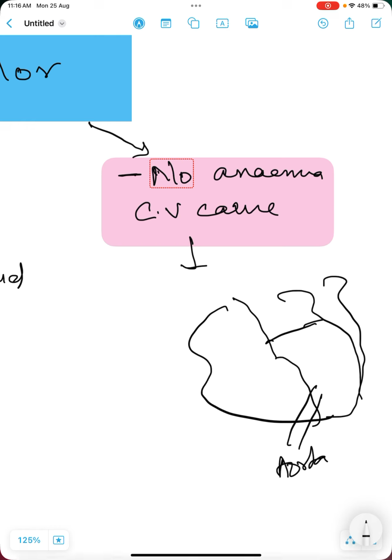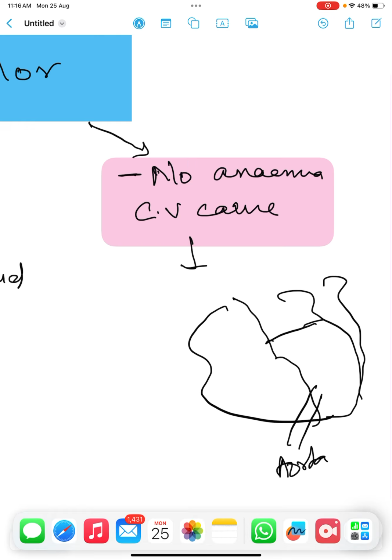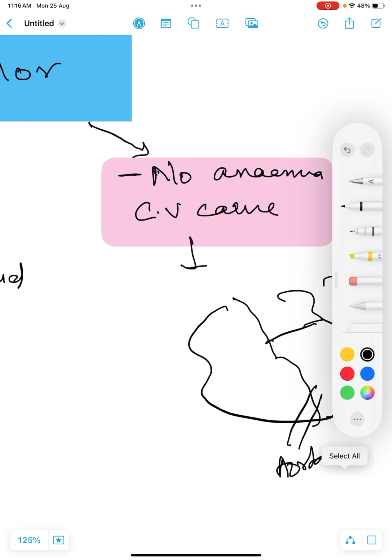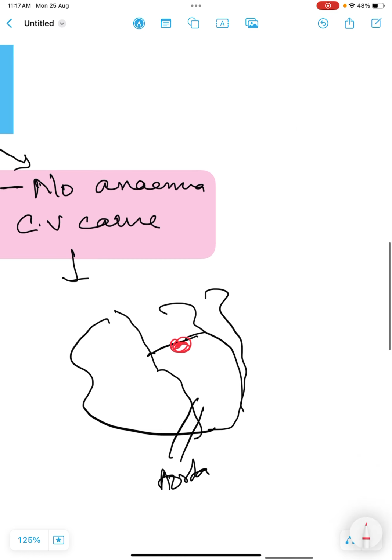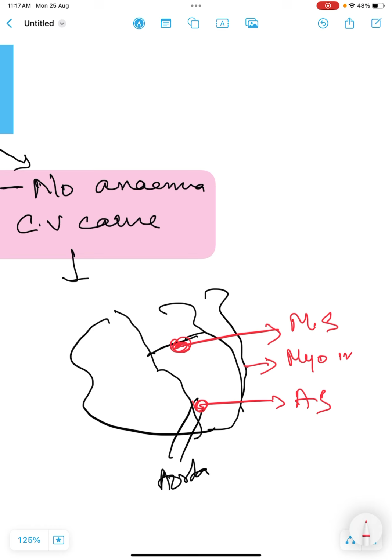There will be tight mitral stenosis, very tight mitral stenosis, and severe aortic stenosis, acute myocardial infarction.